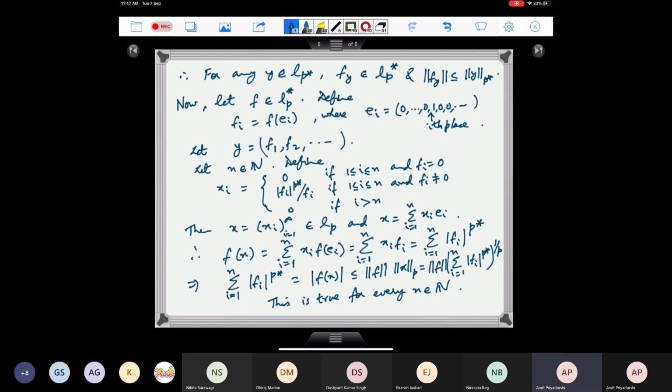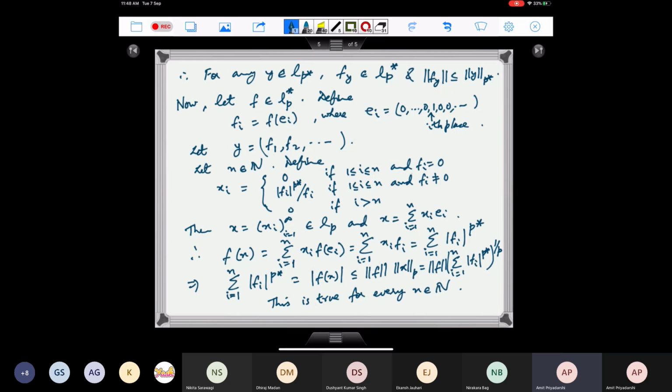Because you have to write summation of mod xi to the p, and mod xi is equal to mod fi to the p star by mod fi.